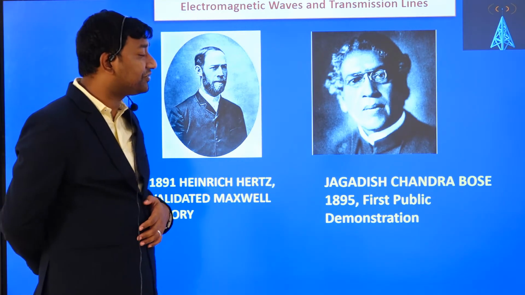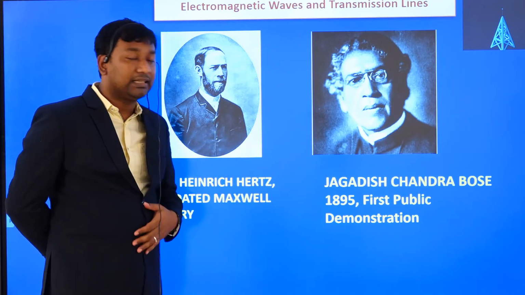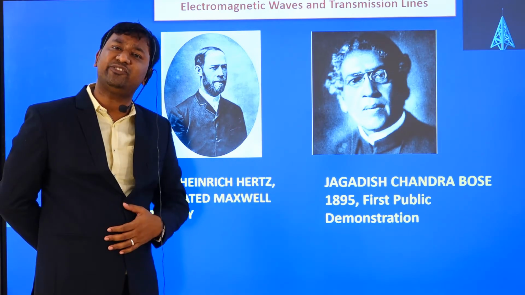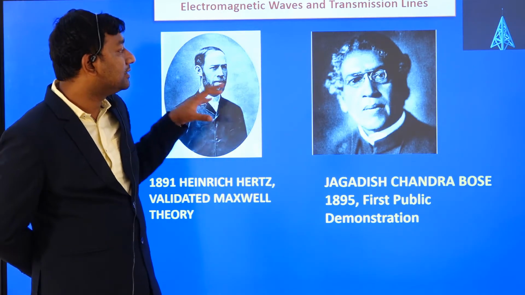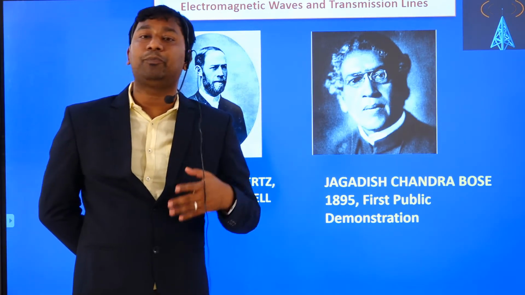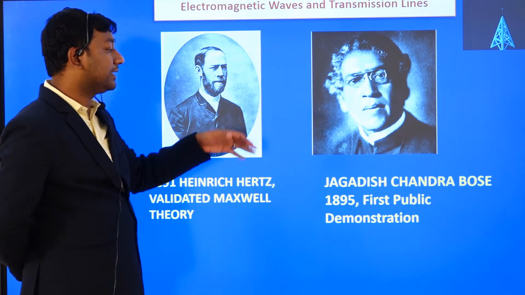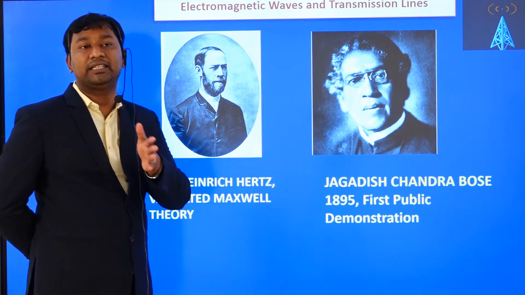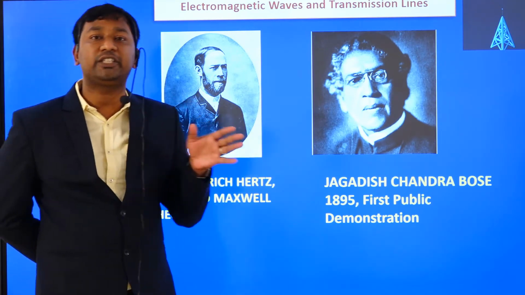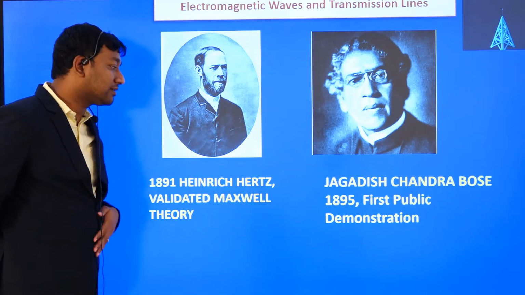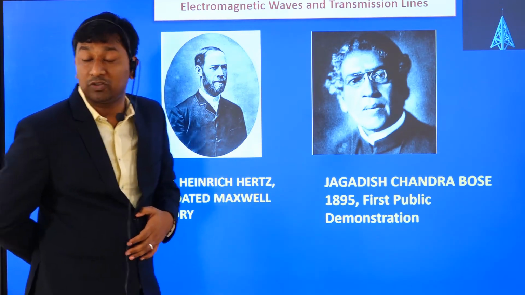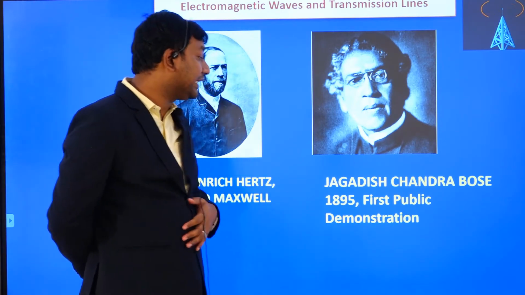He also demonstrated publicly in London, using gunpowder and other things, how wireless transmission is possible from one point to another. That was the first public demonstration by Jagdish Chandra Bose in 1895.